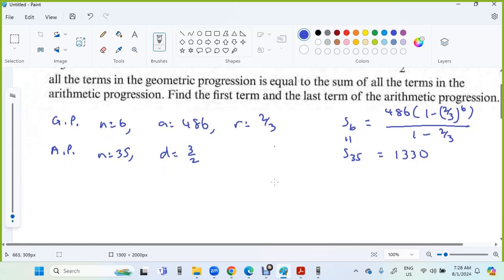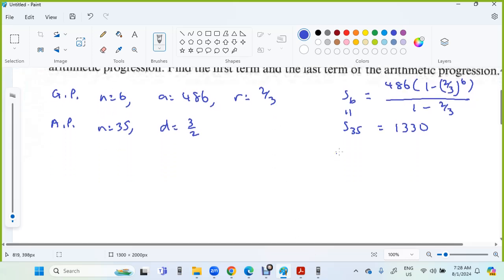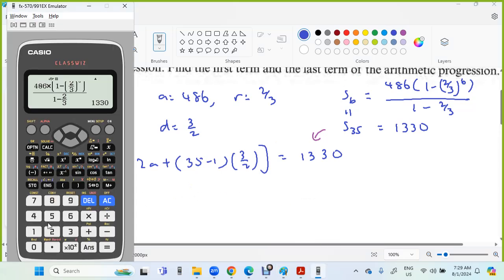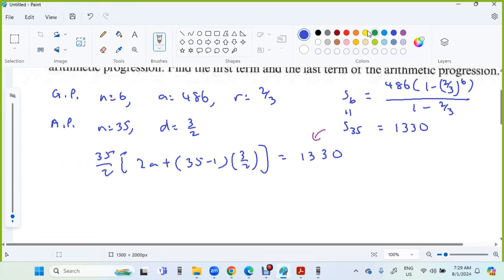So for S35, we use S35 is 35 over 2 times (2a plus (35 minus 1) times 3 over 2) equal to 1330. So we have 1330 divided by 35 is 38.